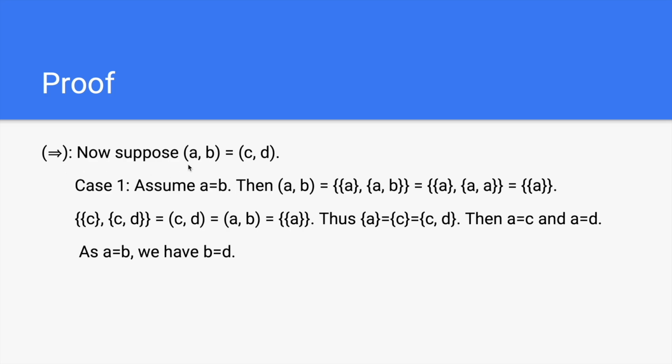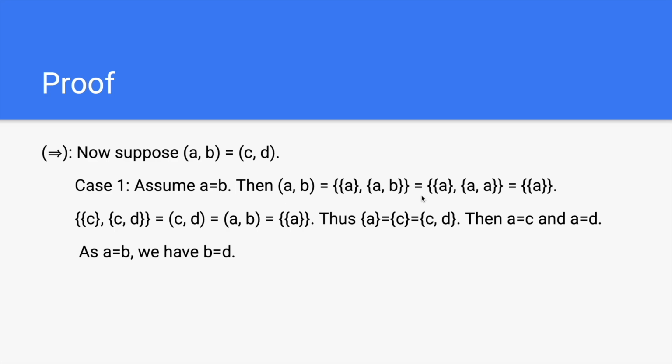Now suppose (a, b) equals (c, d). We have two cases. Either a equals b or a is not equal to b. So in case 1, we assume that a equals b. Then (a, b) will be a set containing only one element, which is {a}. How to deduce this result?